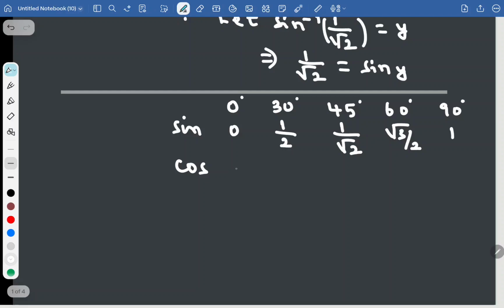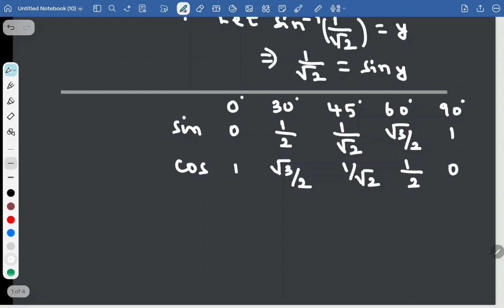Cos 0 is 1, cos 30 is root 3 by 2, cos 45 is 1 by root 2, cos 60 is 1 by 2, cos 90 is 0.